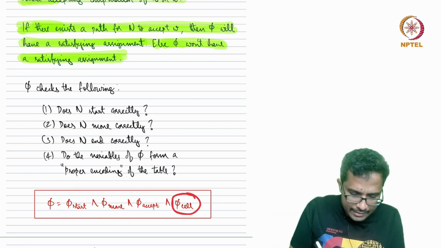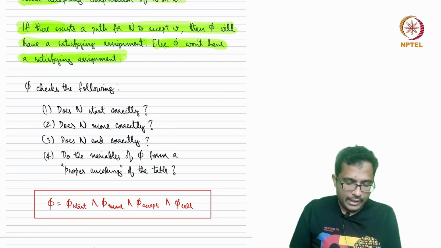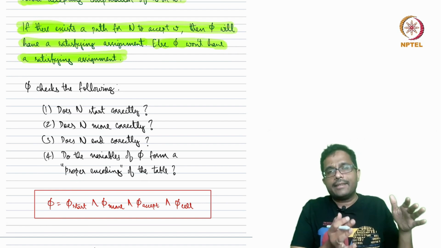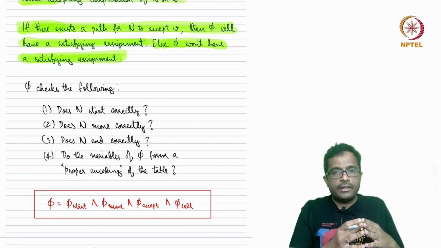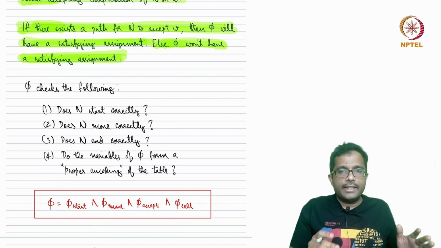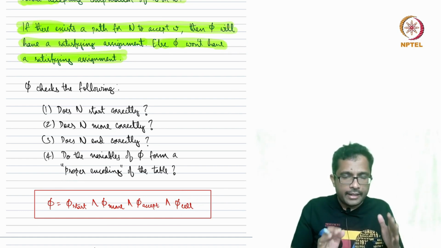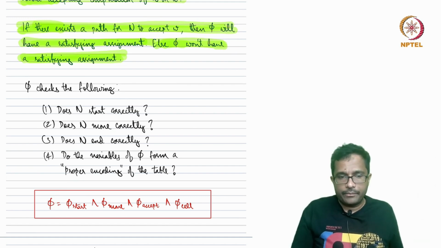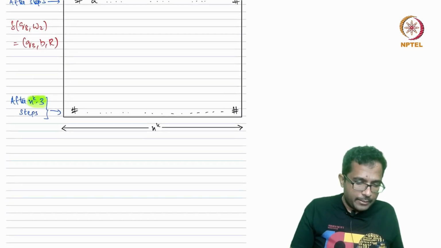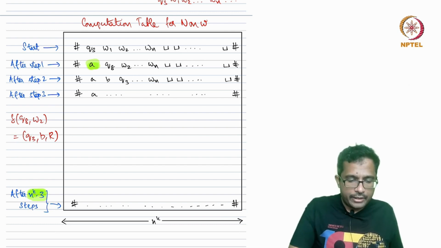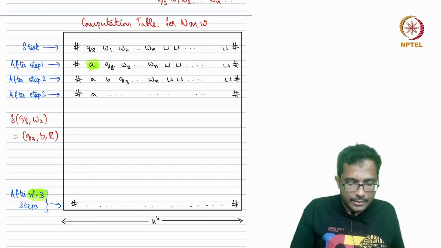And phi cell is a sort of technical thing, where basically we have to capture this entire table into Boolean variables. So phi cell is basically to ensure that these Boolean variables correspond to a valid encoding of an actual computation table. The Boolean variables have to capture this table.